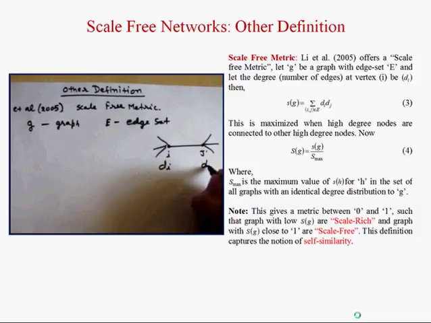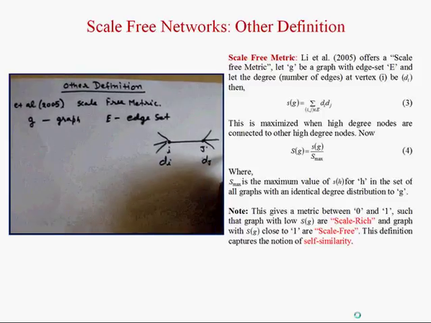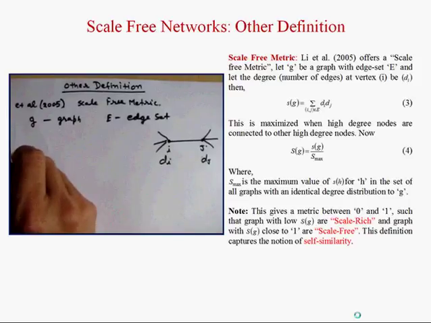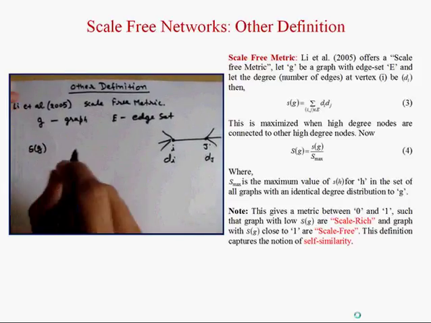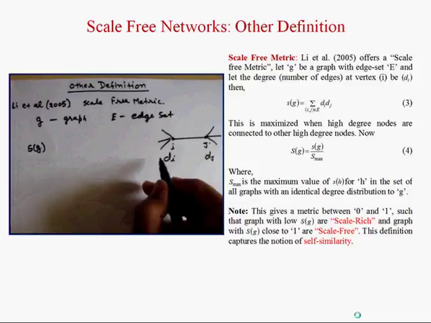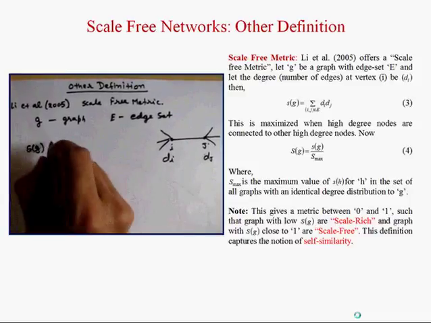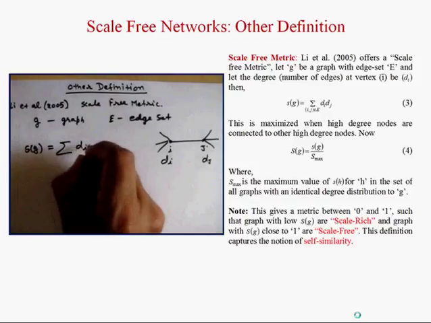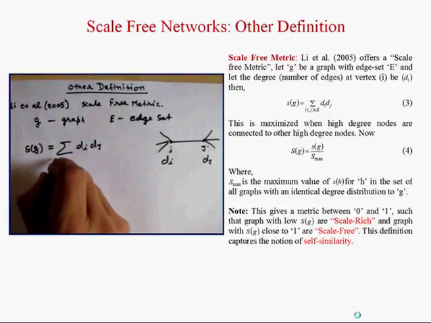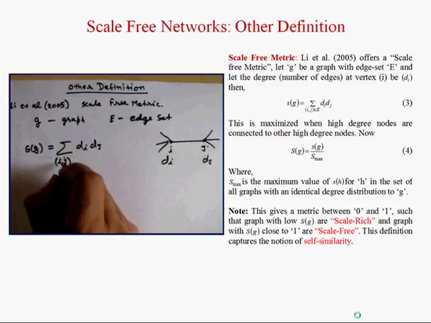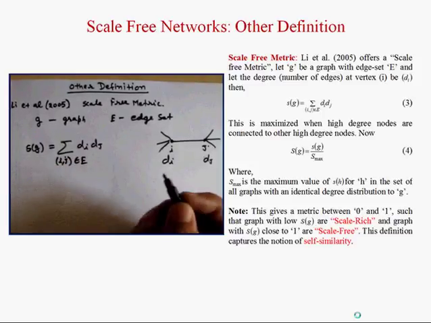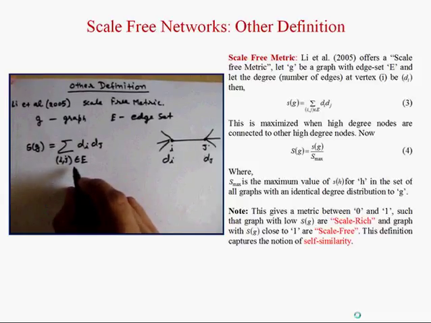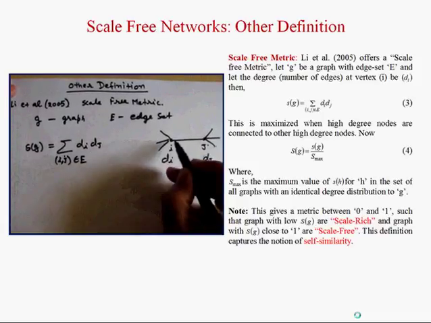Now, according to this metric, Sg, which represents the scale-free metric for graph G, can be given as the sum over ij, a member of edge set E, of di times dj. This will be maximized when high degree nodes are connected to other high degree nodes.